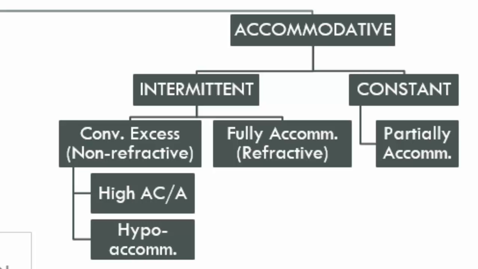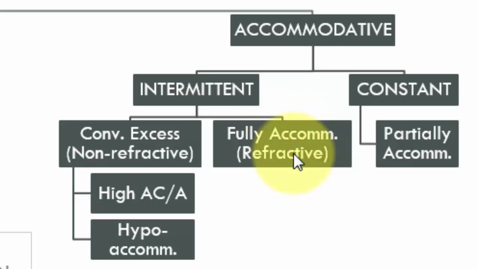And just as I mentioned a moment ago, the intermittent convergence excess esotropia is also known as a non-refractive esotropia. The reason is that the convergence excess pattern that we see is not related to hypermetropia. It's not related to refraction. What we have here is a high ACA ratio, or a patient who has hypoaccommodation issues, which results in an esotropia that's greatest at near, where there is no manifest deviation in the distance.